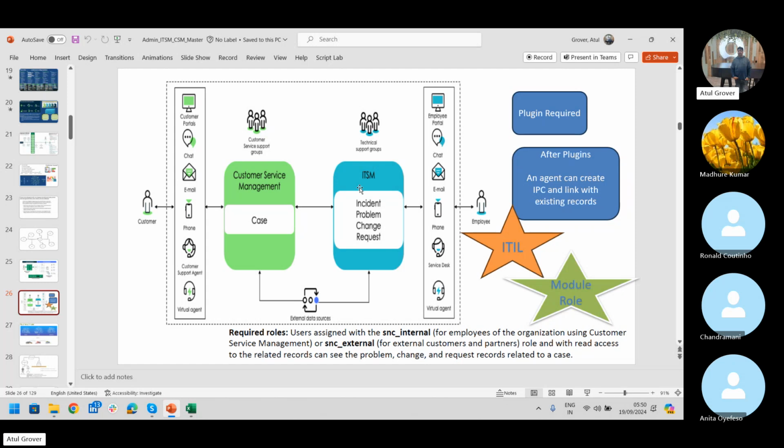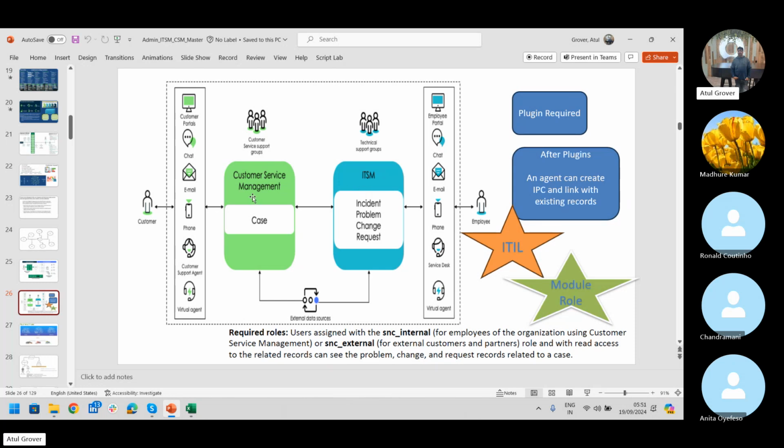If I talk from the stakeholder perspective or the persona's perspective, there's a difference. Few key points here. Number one, case is mainly focused on the customer perspective, whereas ITSM focuses on the internal employees' perspective, for internal employee services.